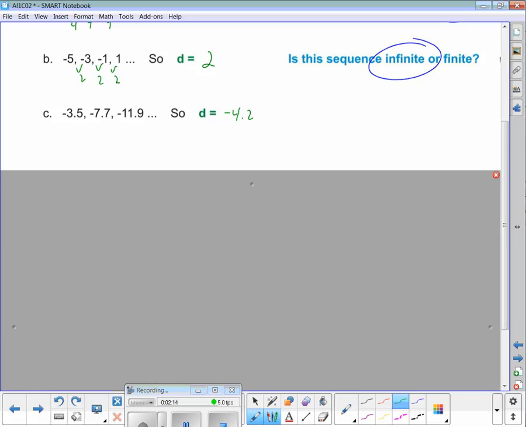Again, don't forget the first term is the negative 3.5, the second, negative 7.7, the third, negative 11.9. If this were sequence A, what would be A sub 4? What would be A lowercase sub 4?